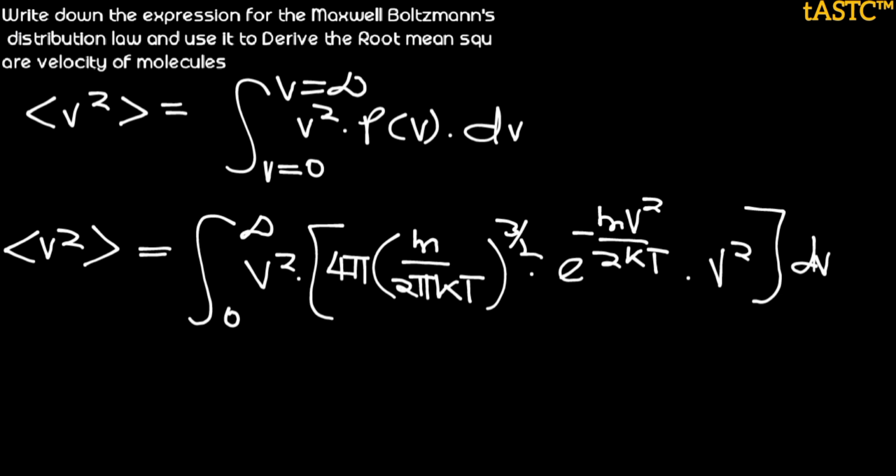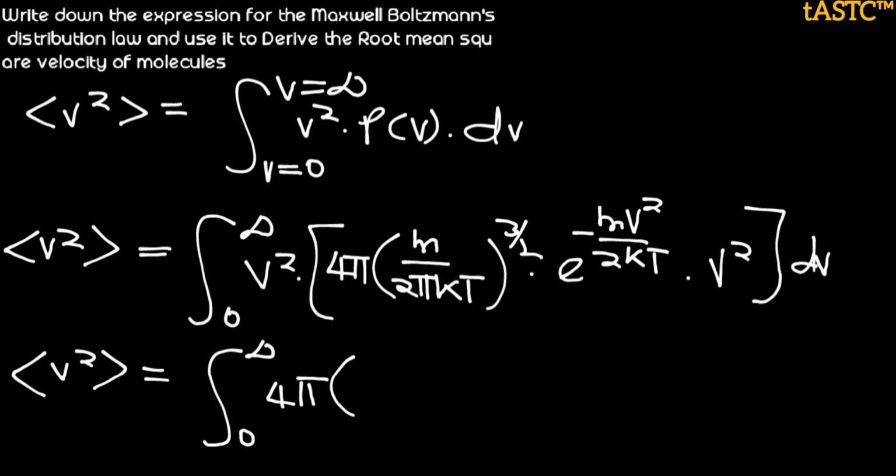Now from here you can see that v squared is going to get multiplied with v squared, and that should pretty much give us v to the 4th. So we're going to have this. Here we had an infinity and this is a 0. I'm just going to take out these brackets.